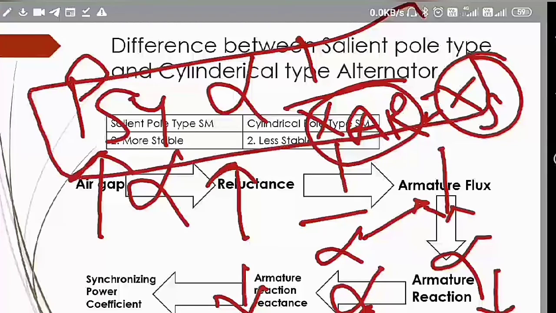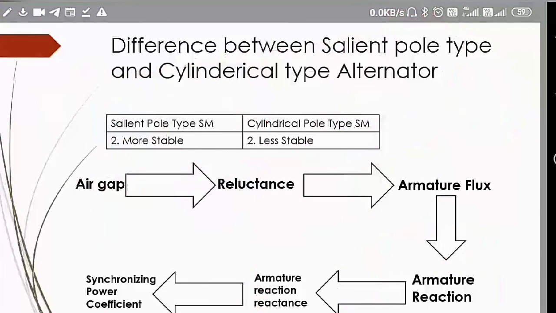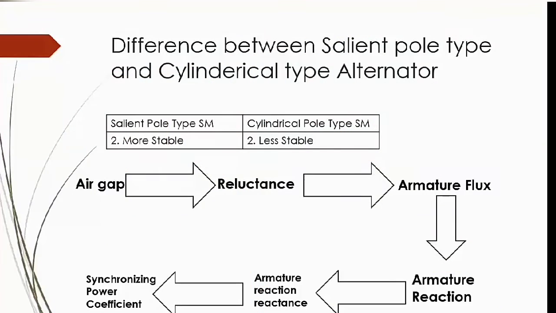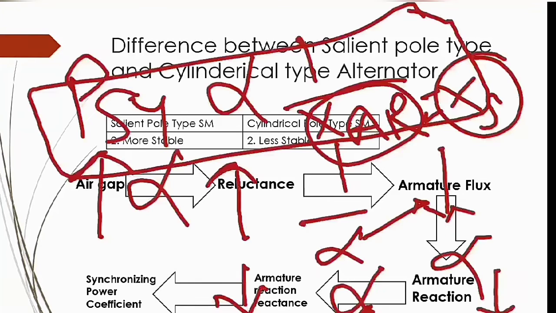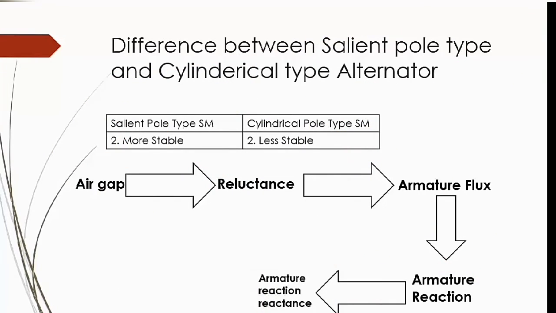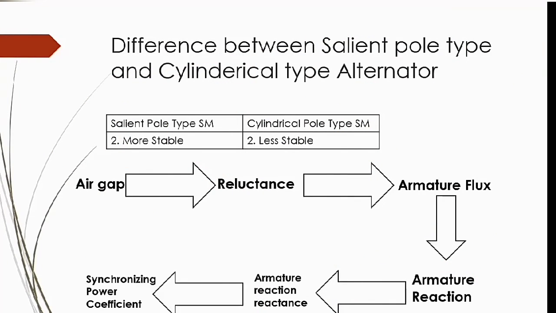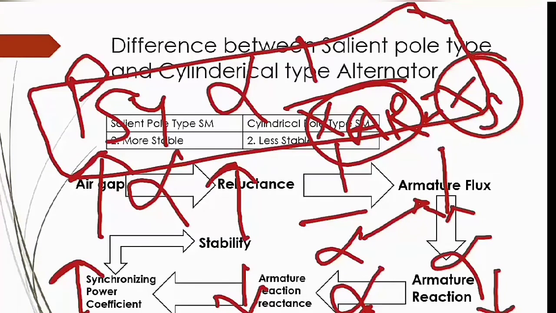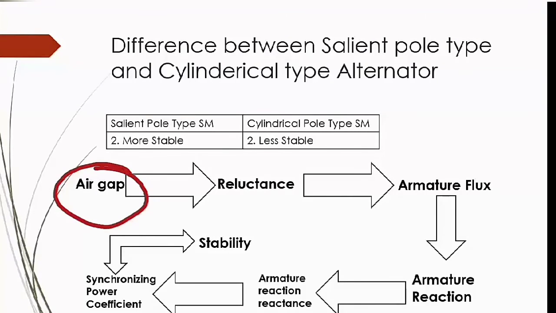So that is why here, armature reaction decreases, synchronizing power coefficient increases, and we know synchronizing power coefficient is directly proportional to stability. So stability also increases. So here we see through air gap, if air gap increases, the stability increases.